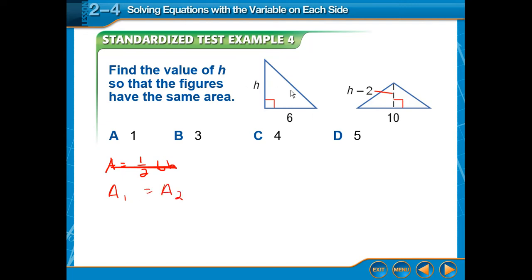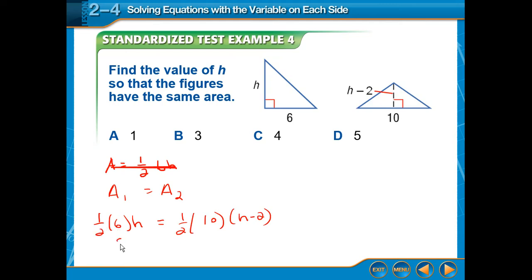So the area of triangle 1, 1/2 base, my base is 6, and my height is h. Okay, and for area of the triangle 2, 1/2, my base on this one is 10, and my height is h minus 2.